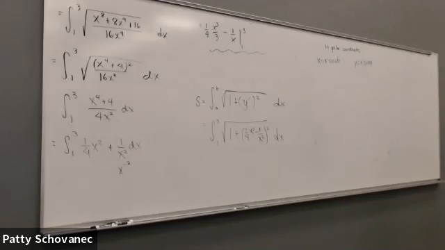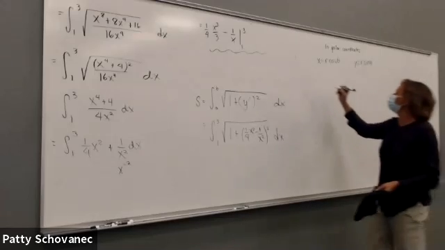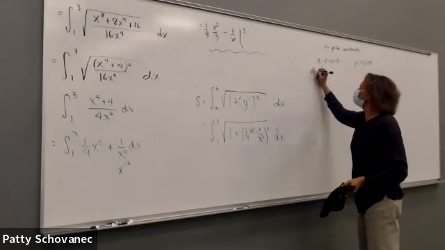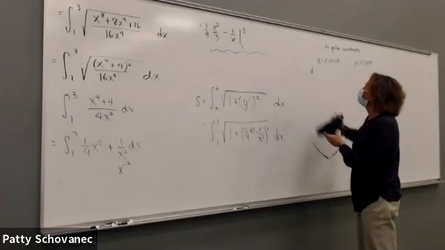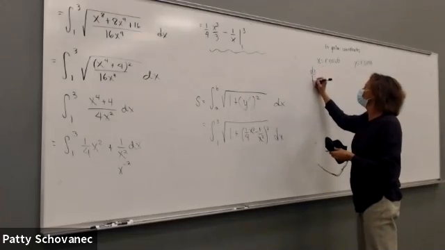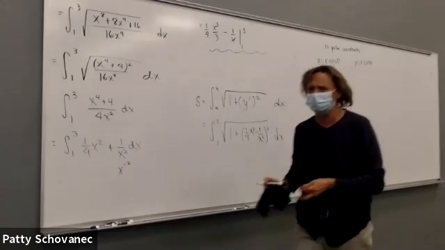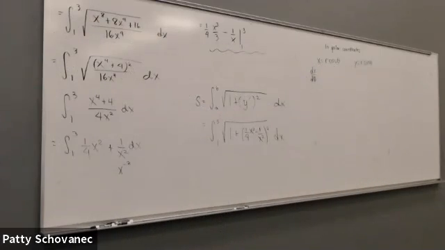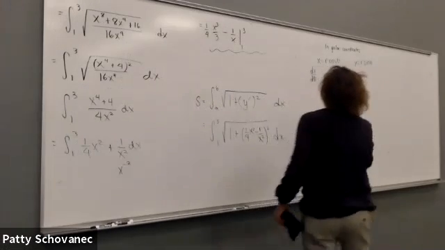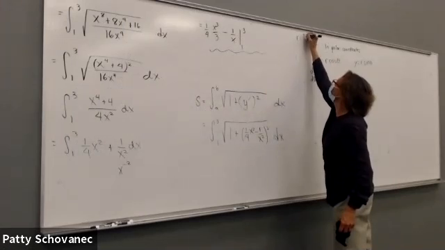R is the dependent variable, theta is the independent variable. In our problems, r is some function of theta.